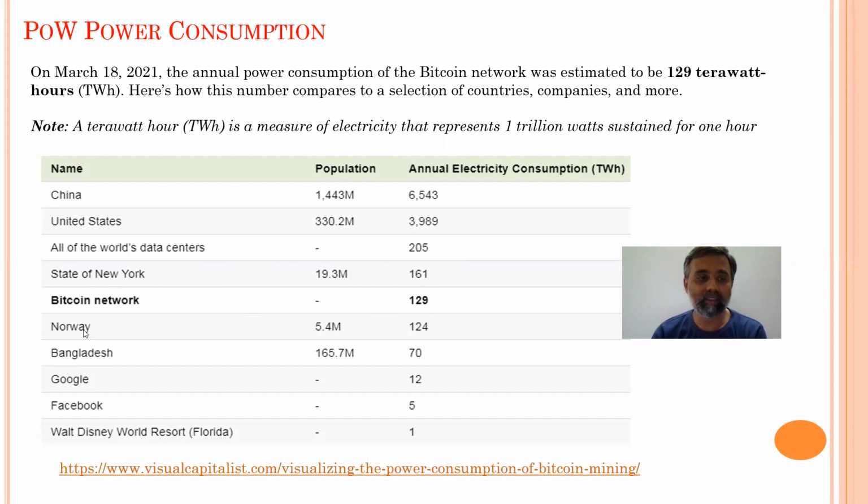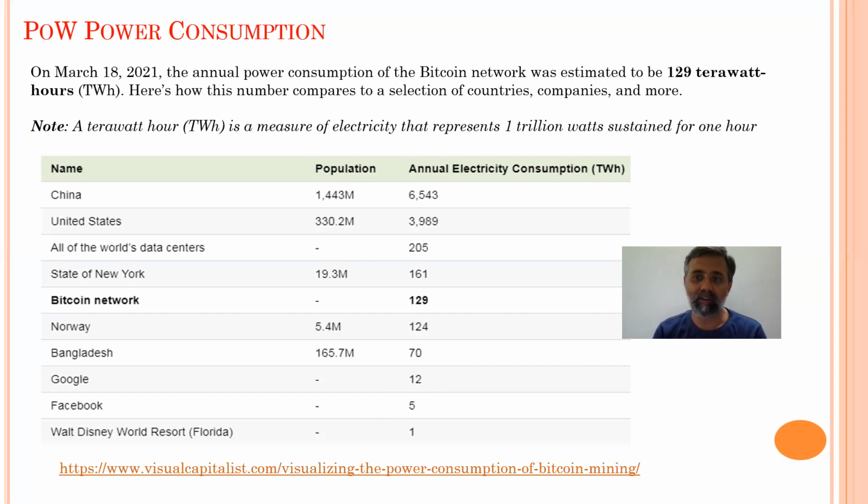It is higher than the annual electricity consumption of Norway. It is double the annual electricity consumption of Bangladesh, and it is 10 times larger than the power consumed by Google, Facebook, and others. So we can see that a lot of power is consumed by the Bitcoin PoW mechanism.